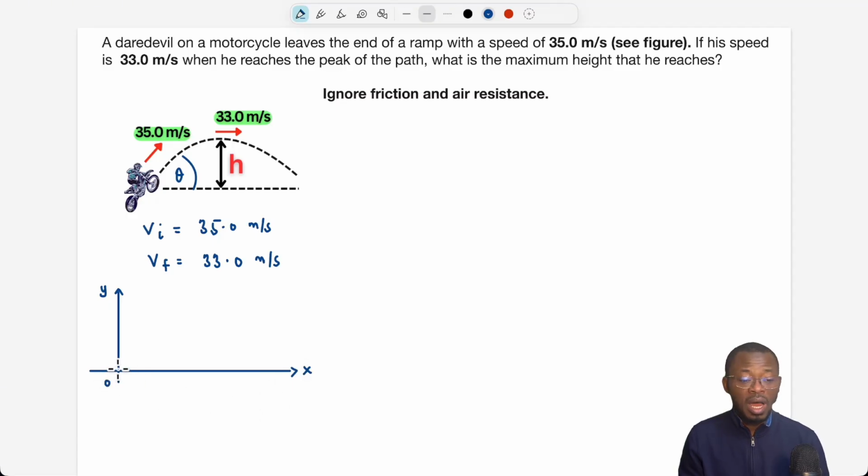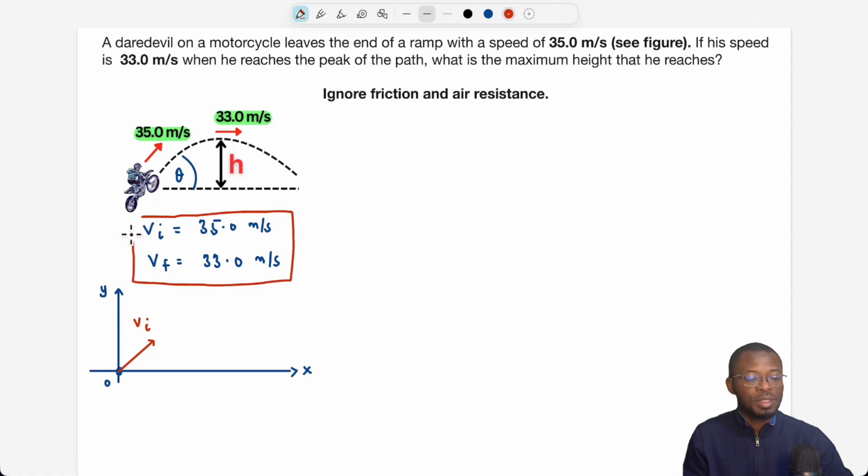So we do have the motorcyclist at this point launching off the ramp with that initial speed in red arrow VI. We know it makes an angle theta with the horizontal, but we are not given any information about the angle. The only information we know is the speed VI at that initial point and also the speed at that maximum height he reached.